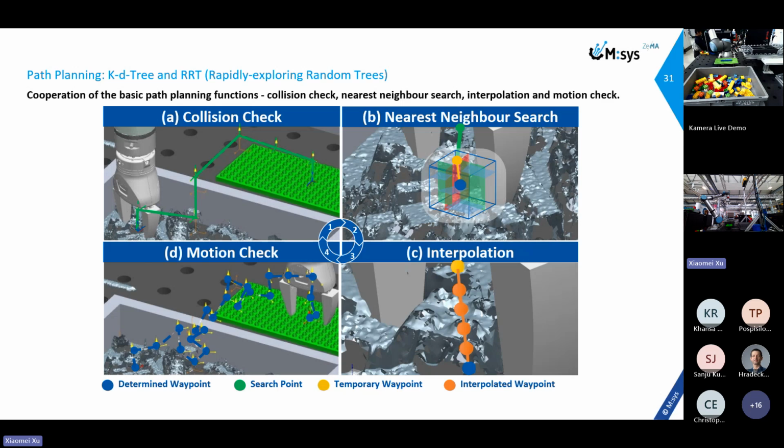A k-dimensional tree generates 7 random points in the 3D space and determines a temporary point. Intermediate points are interpolated from the start point to the temporary point. If intermediate points and the temporary point are collision-free, the temporary point is designated as the next waypoint. The loop repeats until the endpoint is reached.